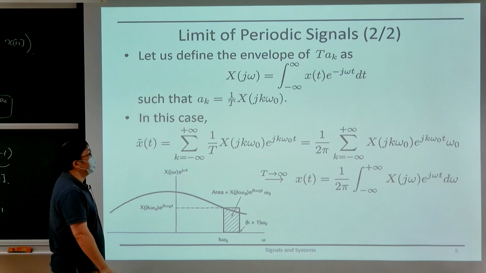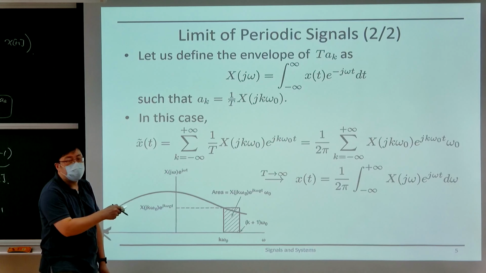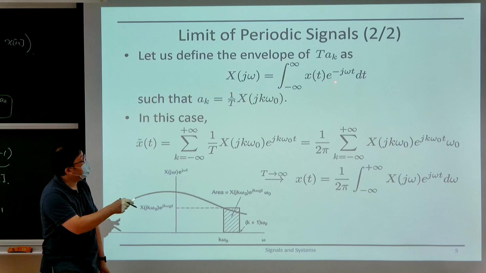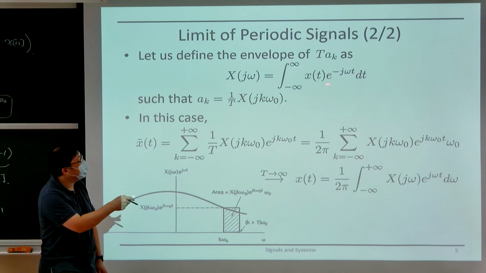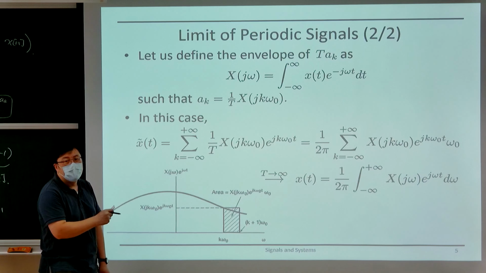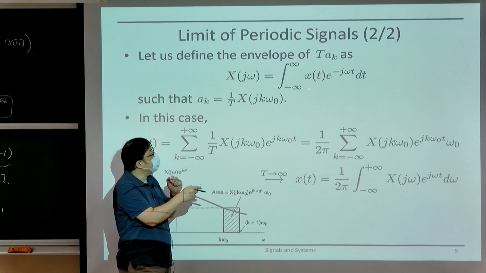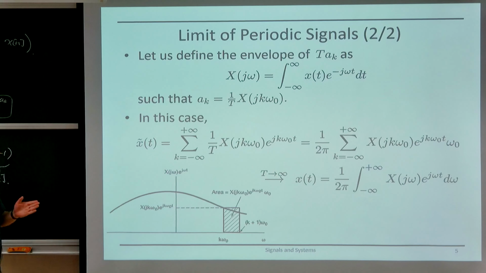You can also view this as taking the inner product between the signal x of t and the complex exponential e to the j omega t. When you take the inner product, you would have a complex conjugate in the second part. So the inner product gives you the projection of x of t onto the direction of this complex exponential.